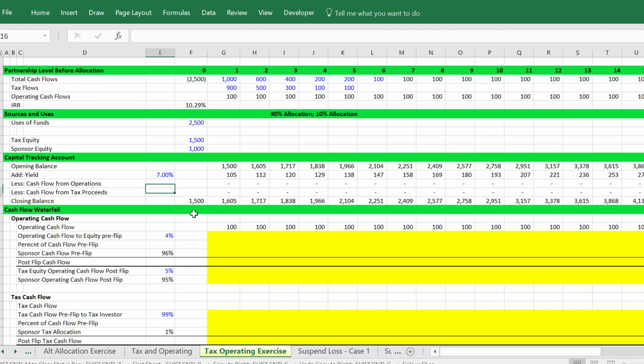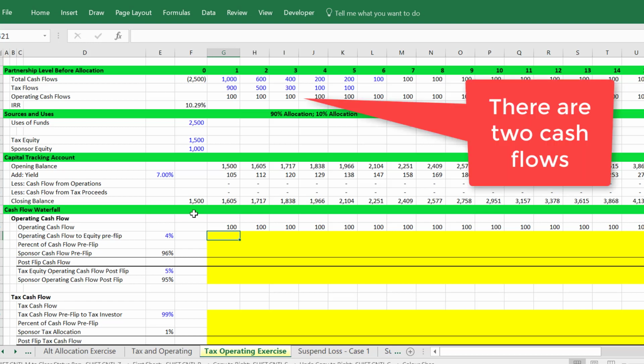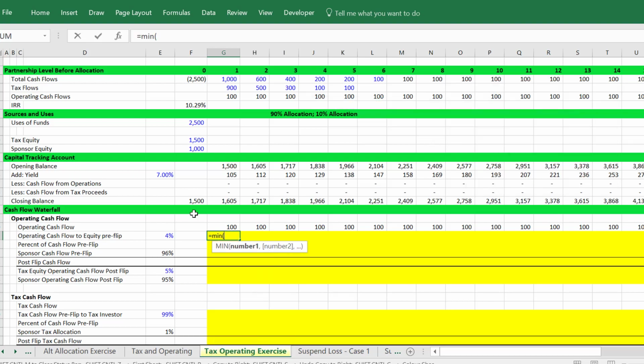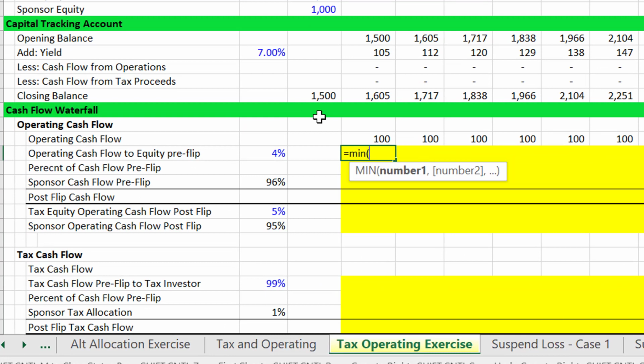Okay, so first thing, I'm going to put in, this time I said, well, you can say, now the tax equity investor is getting a little more risk because they're not getting all of the cash flow. So maybe I was going a little too far on some of my comments. I'm going to put minimum, and then, just the same way, you know what I'm going to do here?